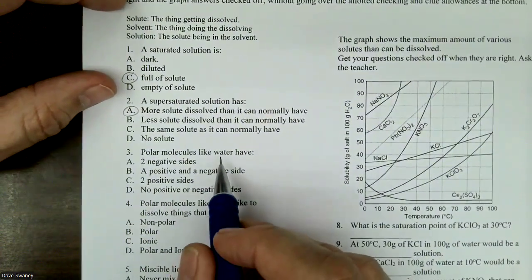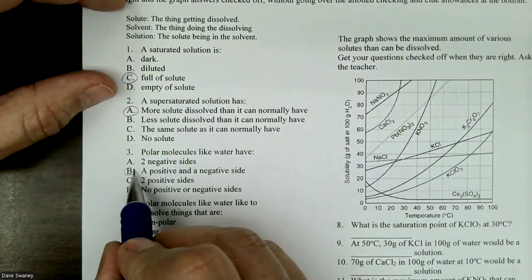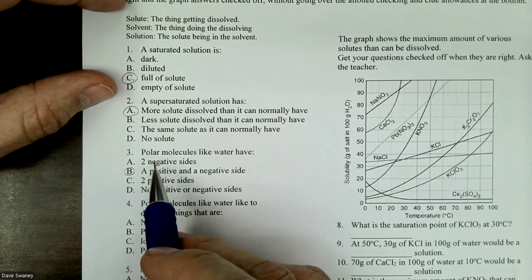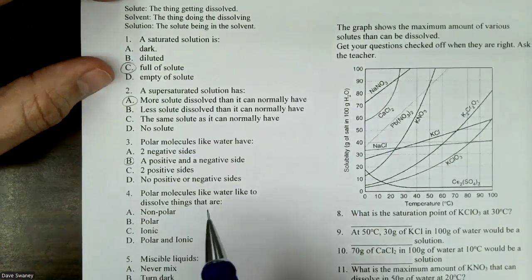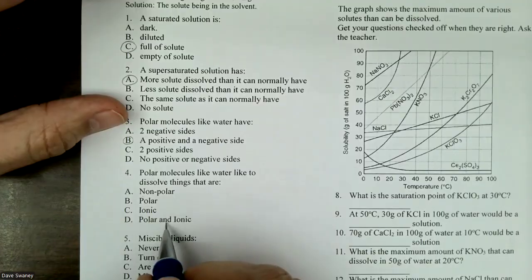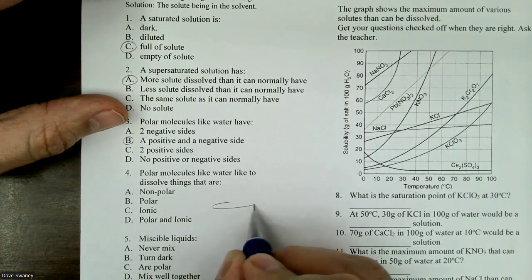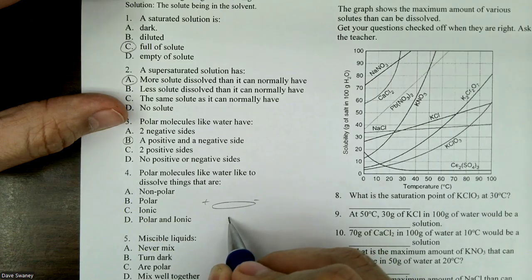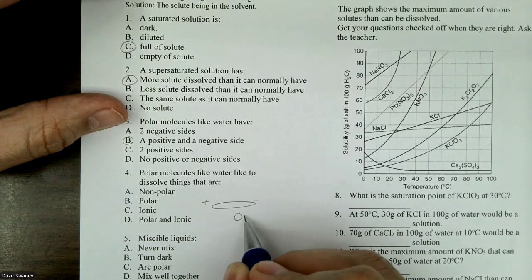Polar molecules, like water, have a positive and a negative side. That's what makes them polar, like a magnet has a north and a south. That means that they like to interact with things that are also polar but also ionic, because a polar molecule has a plus end and a minus end, but an ionic substance will separate into two different parts.